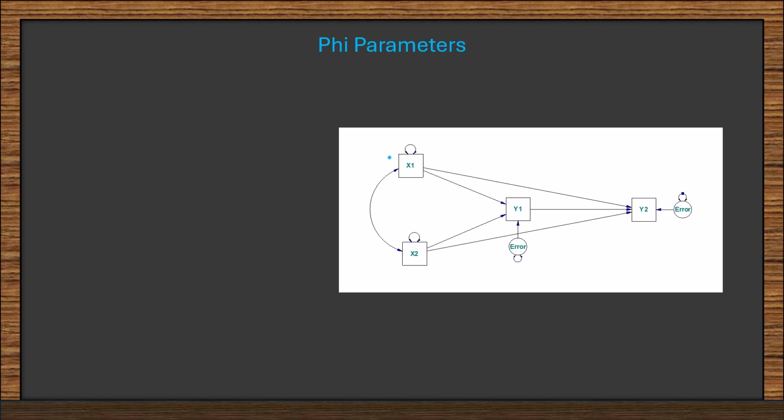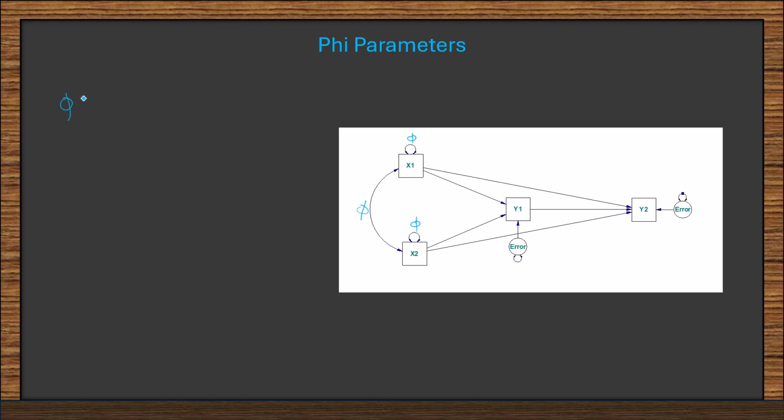The next parameter refers to the variance and covariance of our exogenous variables, our x's. And we're going to use the parameter phi. And so we're going to have a phi here. This is going to refer to the variance of x1. A phi here will be the variance of x2. And then, often, we're going to have a covariance between x1 and x2.